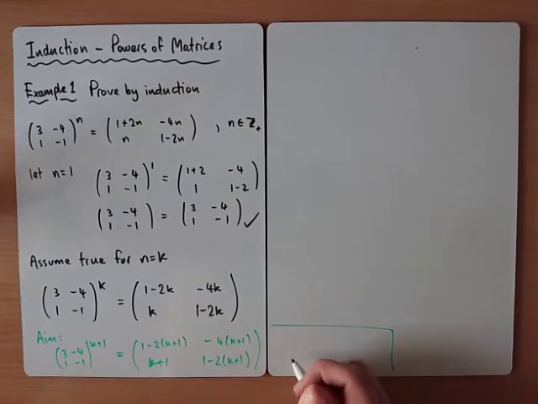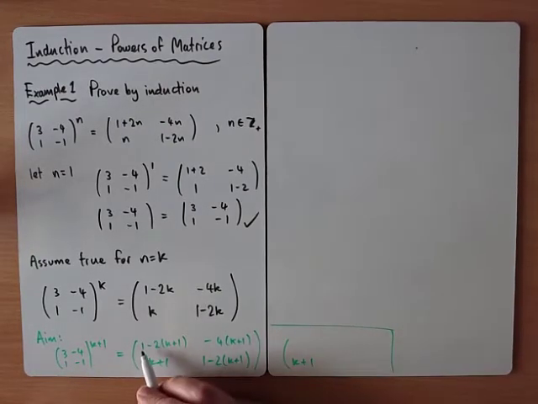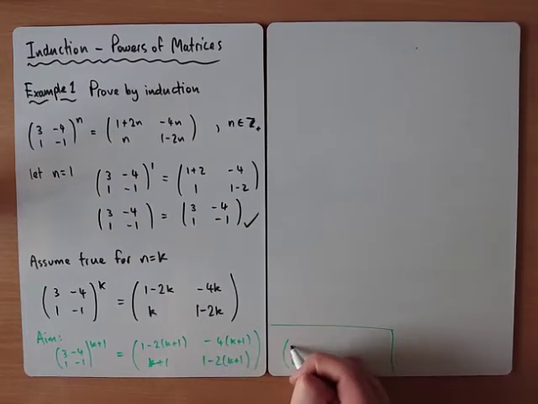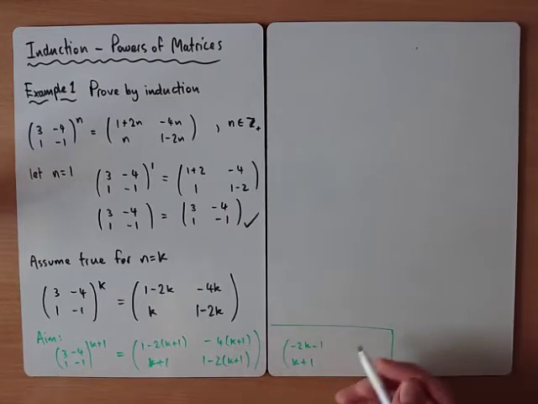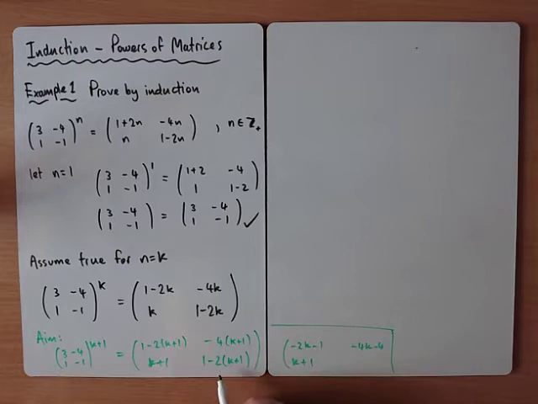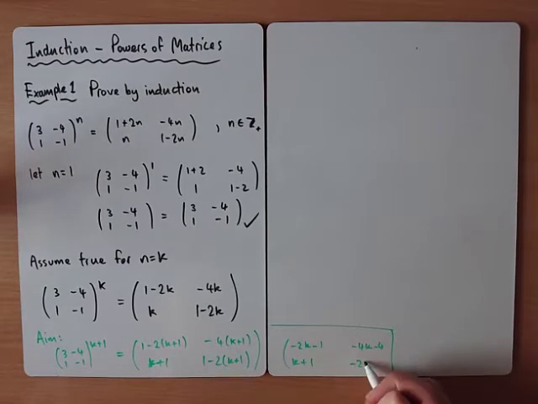Think about what this will actually end up looking like, and then we'll know if we've got it. So k plus 1, 1 minus 2 lots of this, so that'll be minus 2k, minus 1, minus 4k, minus 4, 1 minus 2k minus 2, so that'll be minus 2k, minus 1.